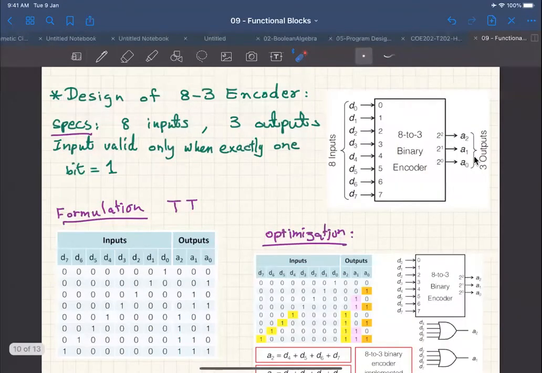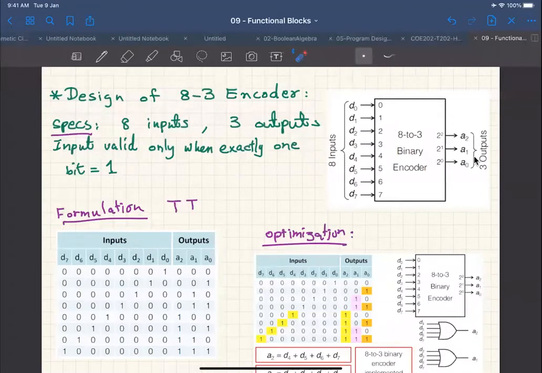All right, so now we show the design of an 8 to 3 encoder. The specification is that you have 8 inputs and 3 outputs. If you have 8 inputs, then your truth table will contain 256 rows, which is too much.